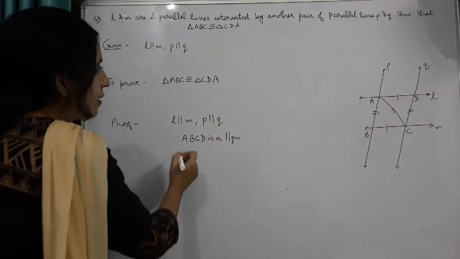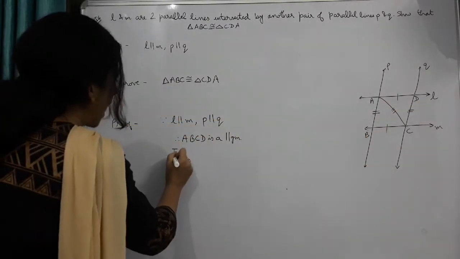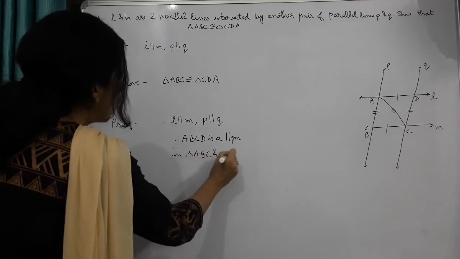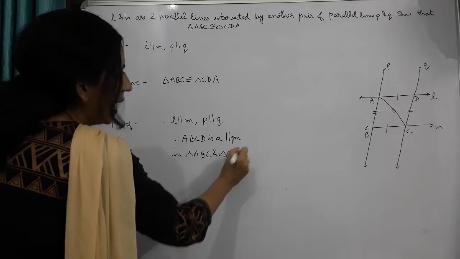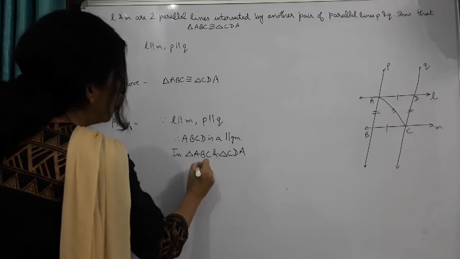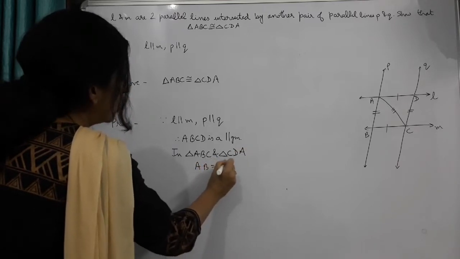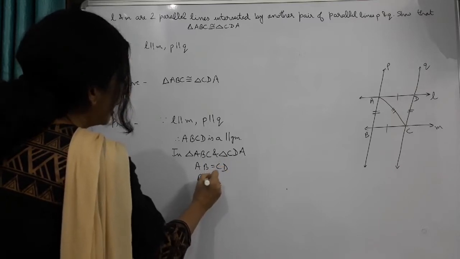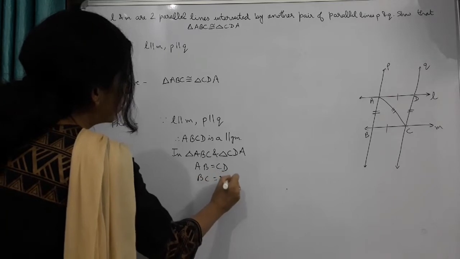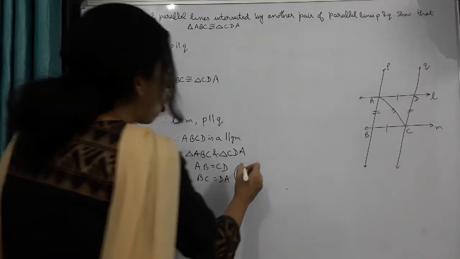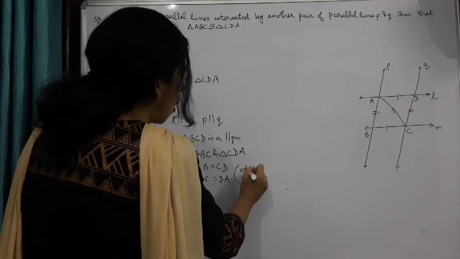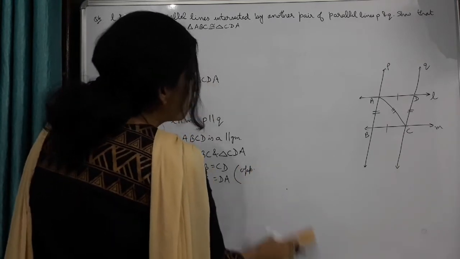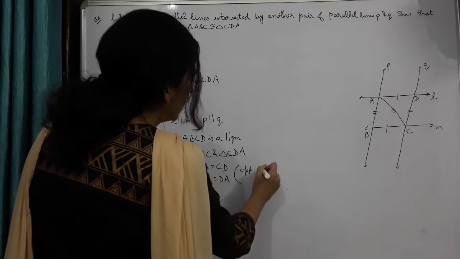So let us write it down. So in triangle ABC and triangle CDA, we have AB is equal to CD, we have BC is equal to DA. What is the reason for this? Opposite sides of parallelogram ABCD.